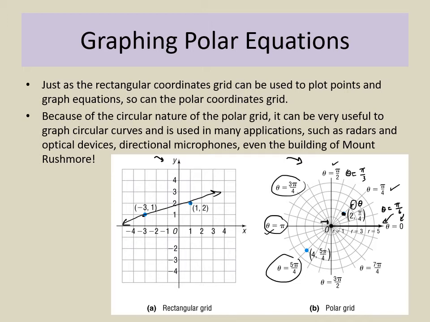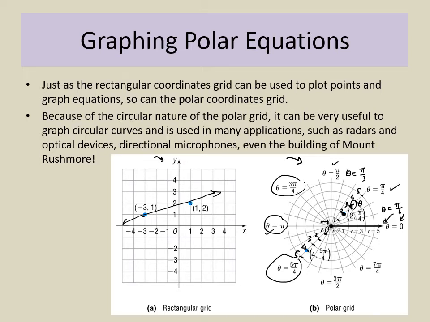And then we have r, where r is the distance from the hole. So this point here is at a distance of 2. So here's 1, 2, 3, 4, 5, and so on. On the grid, at any angle, we have 1, 2, 3, 4, 5.